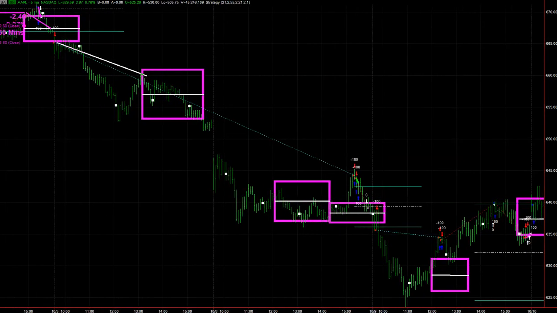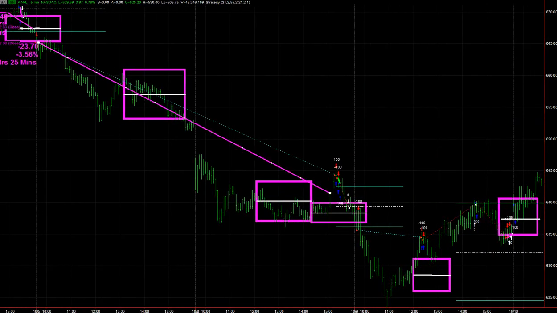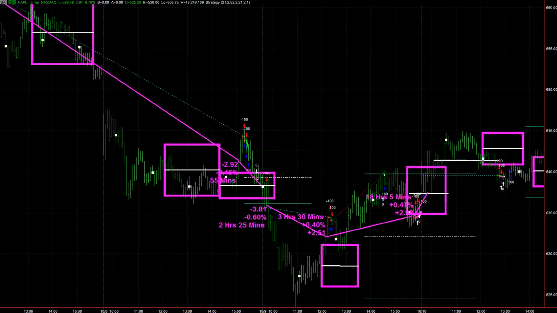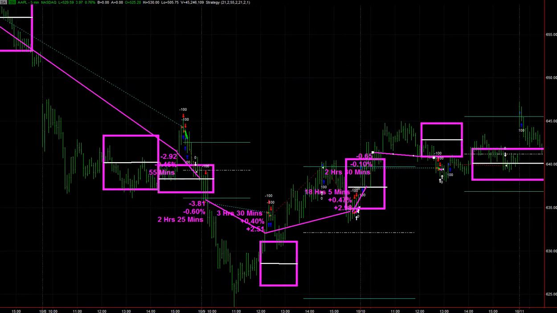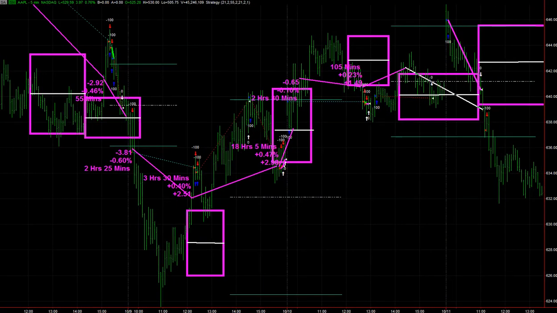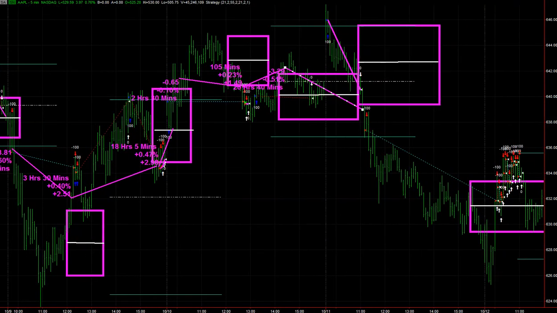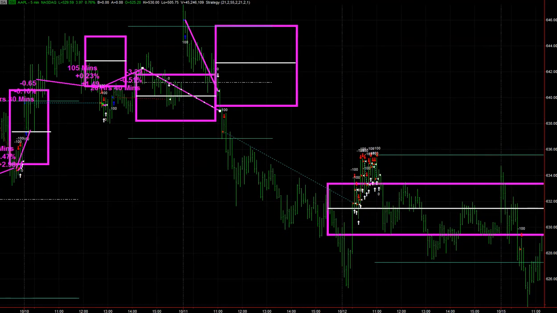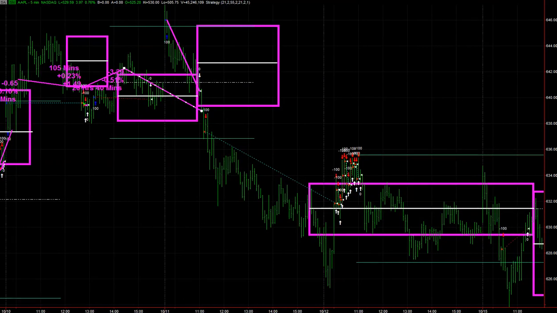At this point, I would be stopped out over here to go long, to be stopped out, and then to go short here, to be stopped out there, to go long, to there, stopped out to there, long, sideways, short, stop loss, this one, loss, and then I would enter in around there, get stopped out there.